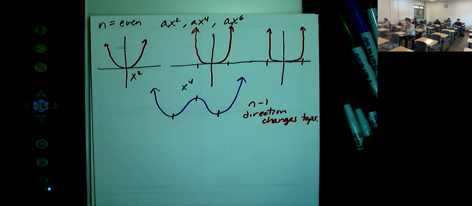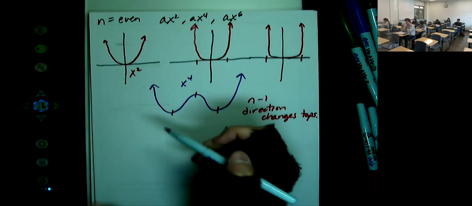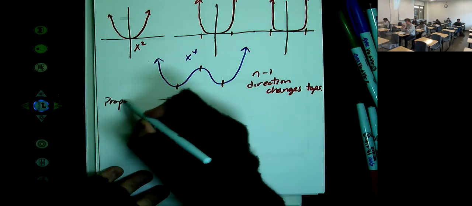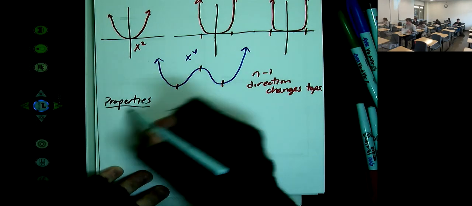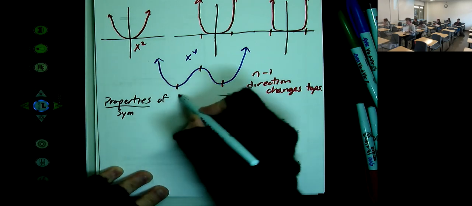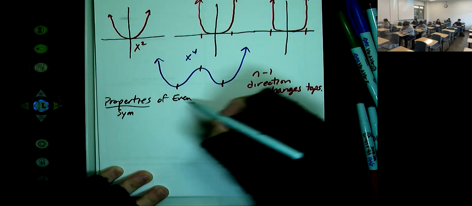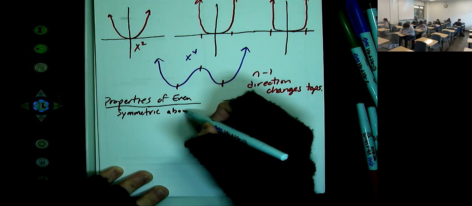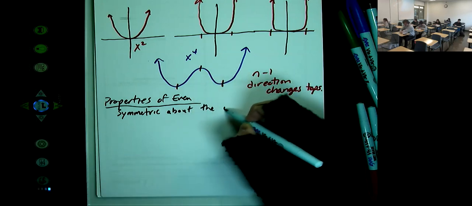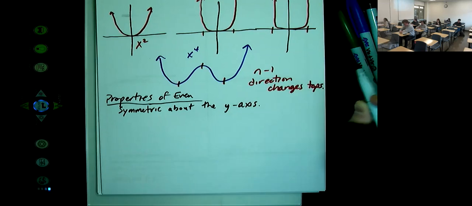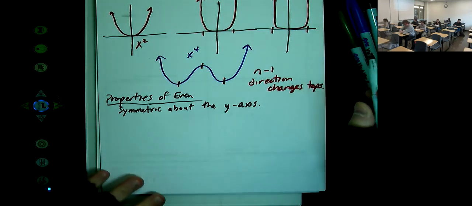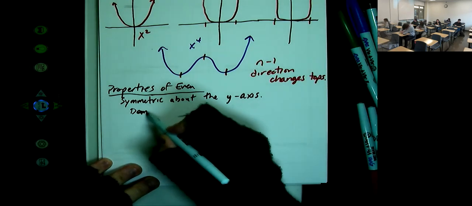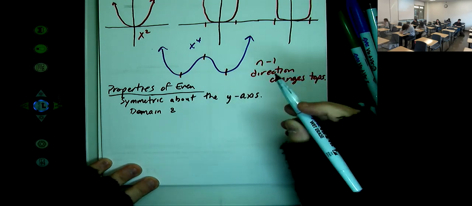So what are some properties of the ax to the n functions? They look like they're symmetric about the y-axis. Even. Domain is infinite.